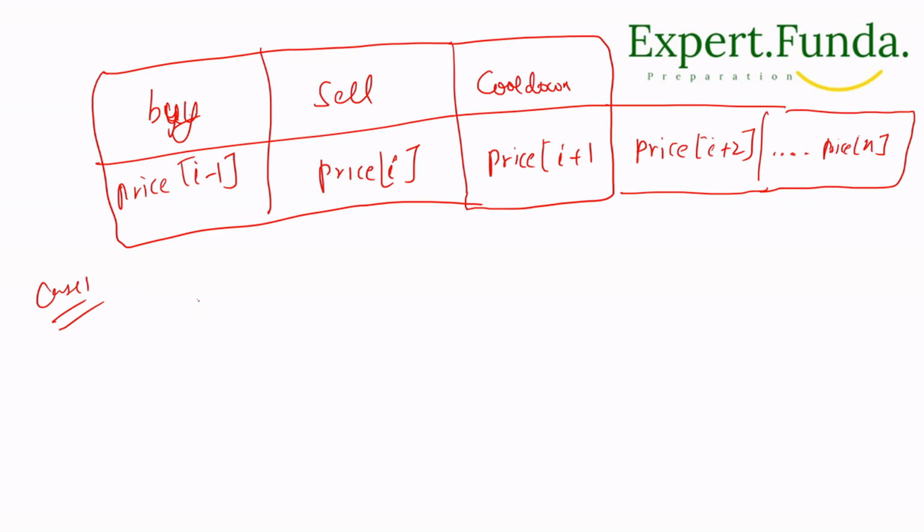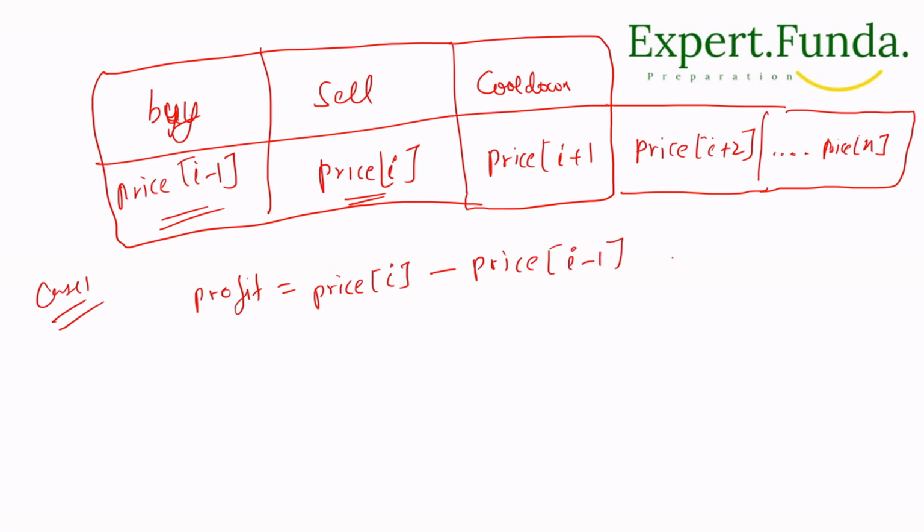The profit would be the price at selling minus the price at which we bought it, I minus 1.